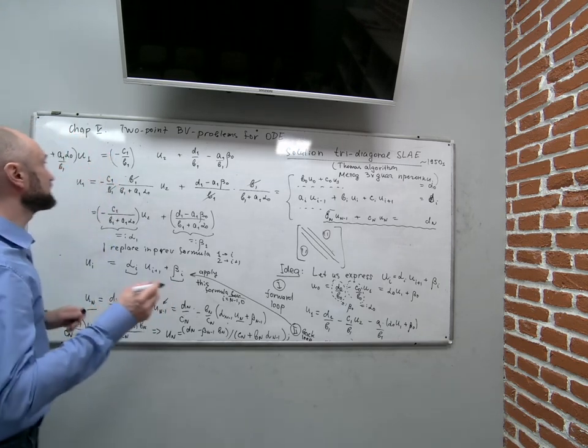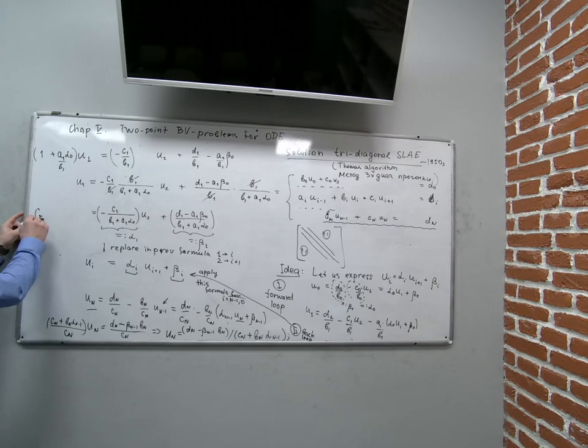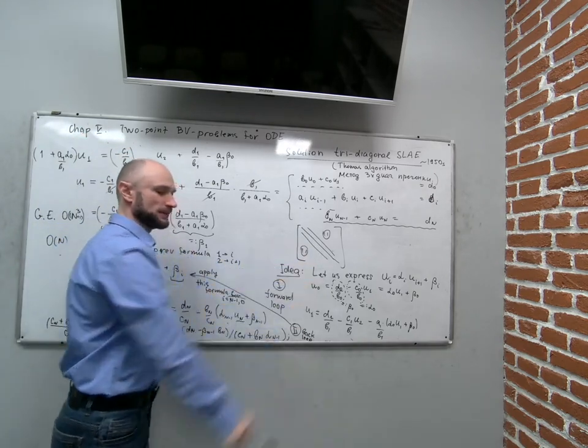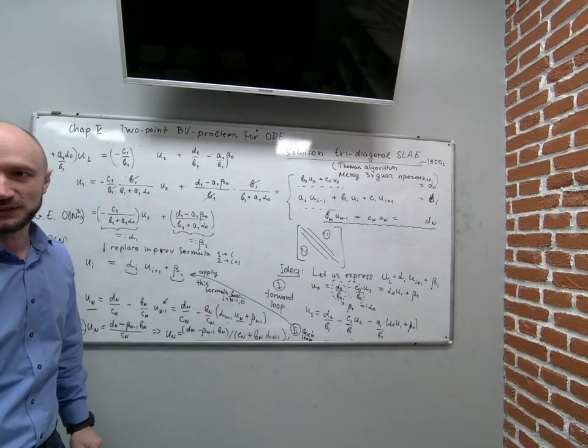But the complexity of Gaussian elimination is O of n to the power of 3, where n is the number of unknowns. So we have n plus 1 unknowns, so n plus 1 to the power of 3. And the complexity of this algorithm is only O of n. Much more attractive, thanks to the special type of the matrix that we obtain here.